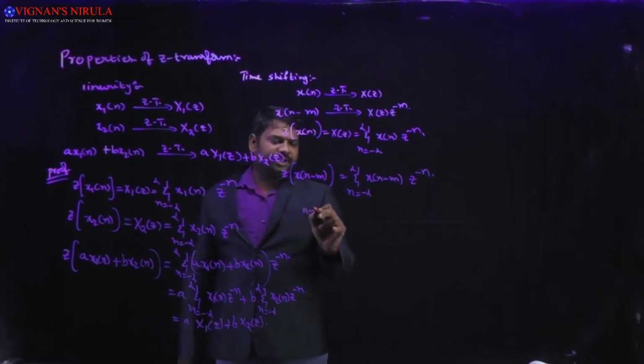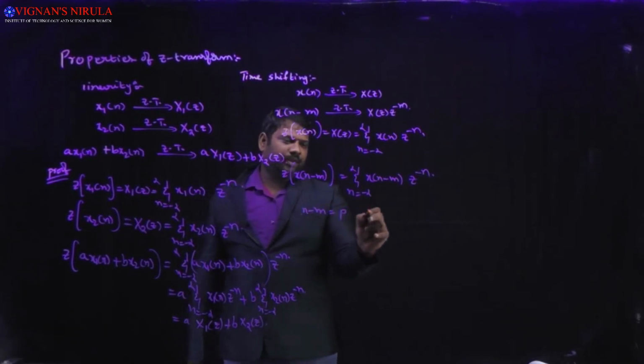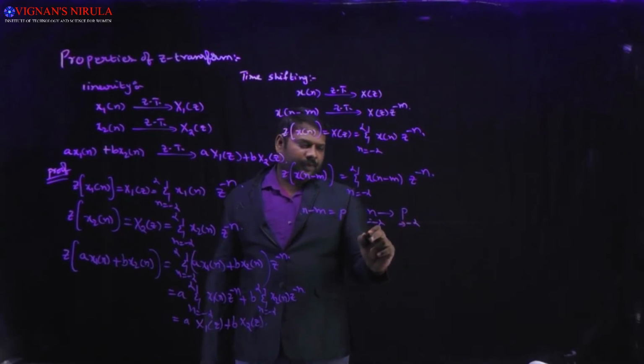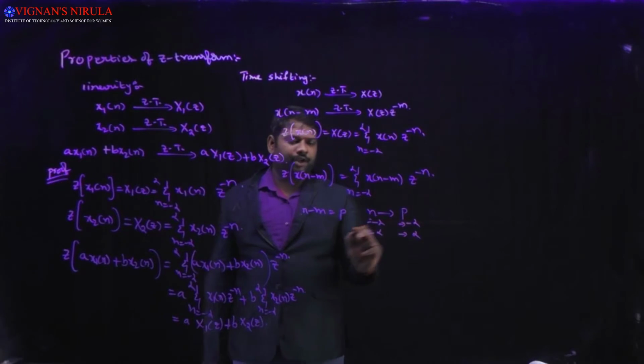Then n minus m will be considered as p. When n is equal to minus infinity, p is also minus infinity. When n is equal to infinity, p is also infinity only.